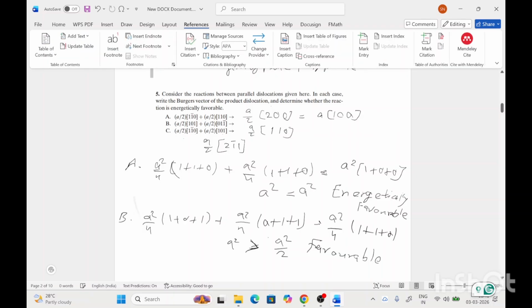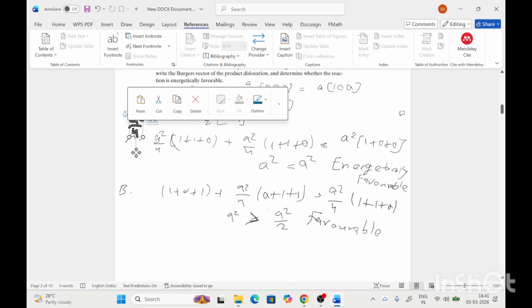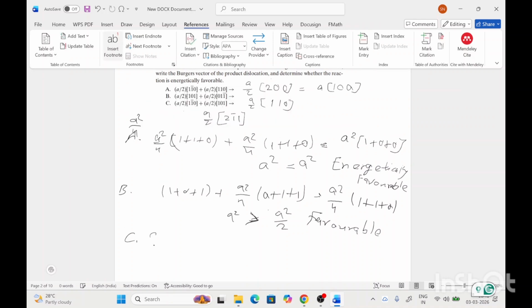For the C option, it is a²/4 (1 plus 1 plus 0) plus a²/4 (1 plus 0 plus 1), which equals a², and after the reaction a²/4 (2² plus 1² plus 1), that is a²/4 times 6, so it will be 1.5 a².